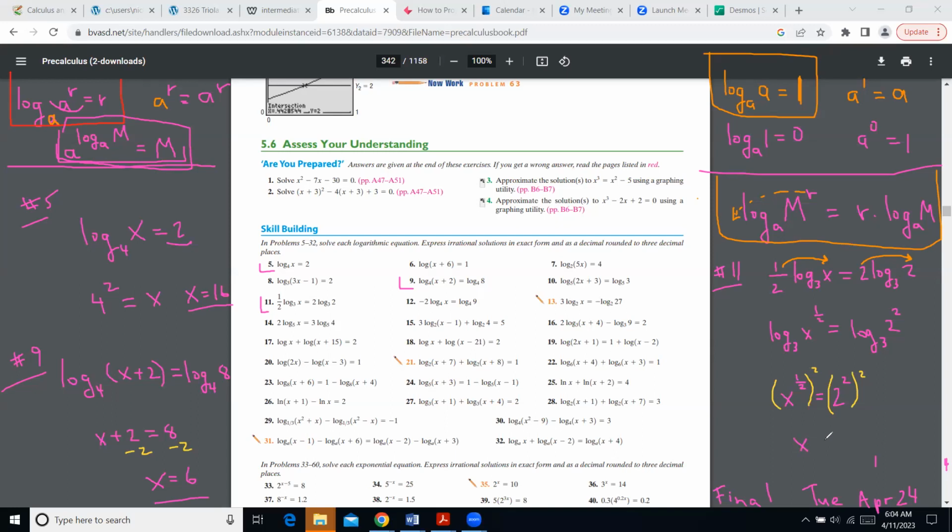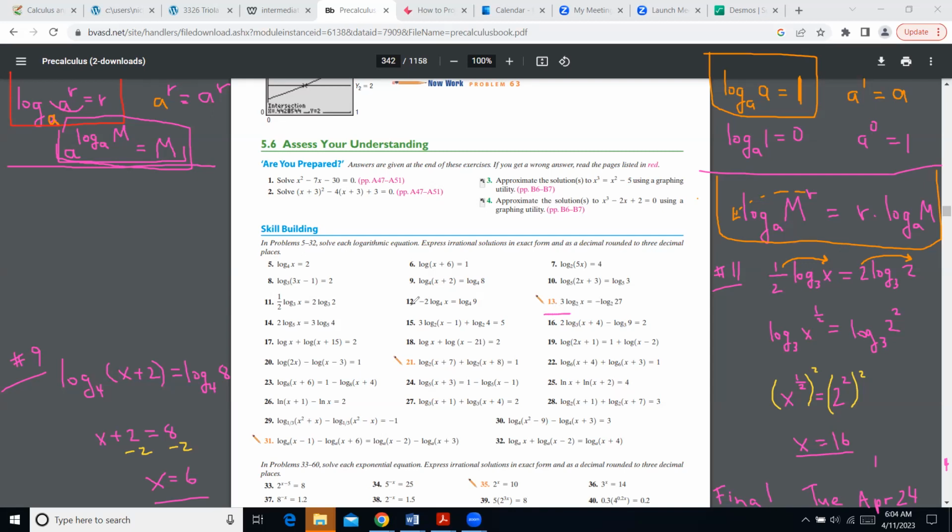I need x. So 4 squared is going to be 16, and we're done. So the key part is to have a logarithm on one side and a logarithm on the other side of the equation. And this way you can make those logarithms go away.